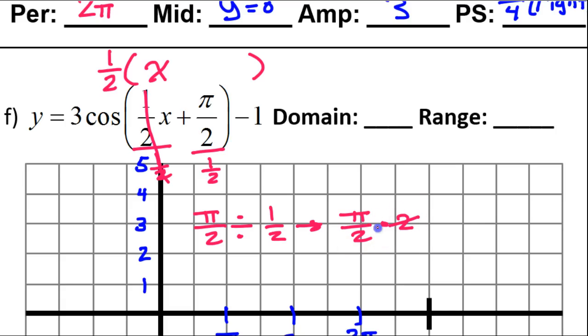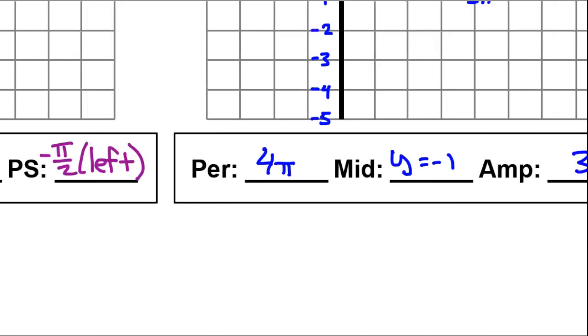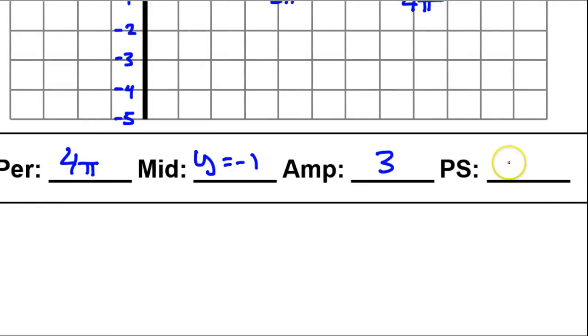In this form, I hope you can see that these 2's will cancel out, and that's just going to leave pi. So this would be like x plus pi. That's where the phase shift comes in. Negative pi, always the opposite. So negative pi is my phase shift.